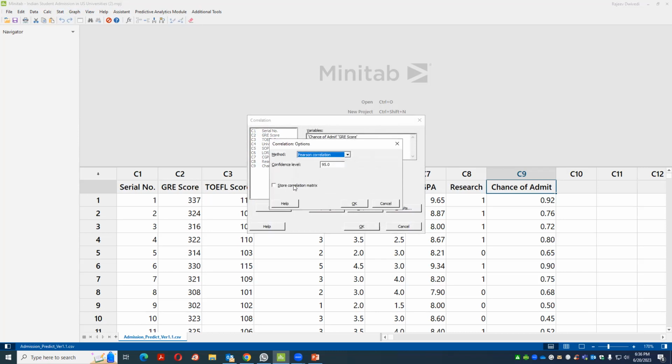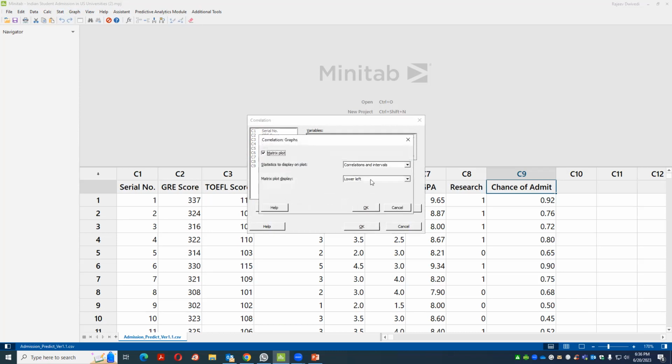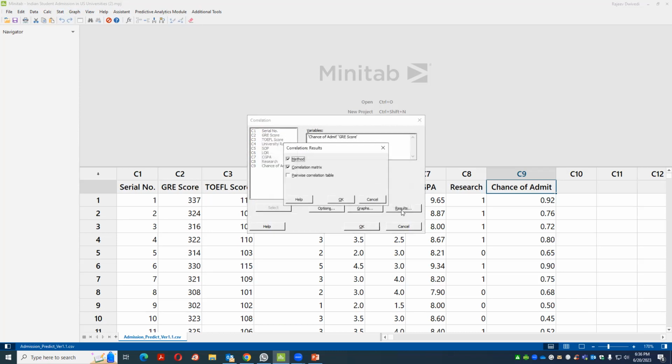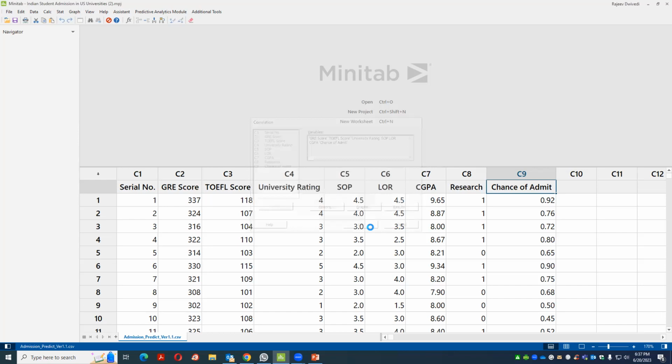Here we have the option to store the correlation matrix. You can see it in terms of graphs, and you can see pairwise correlation. All different options are there. I'm going to select multiple variables so that you can see many others: university rating, statement of purpose, GPA and chance of admission. So let's see.